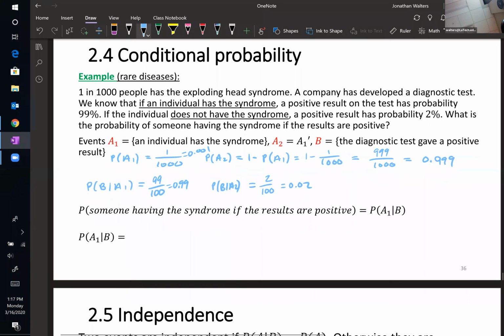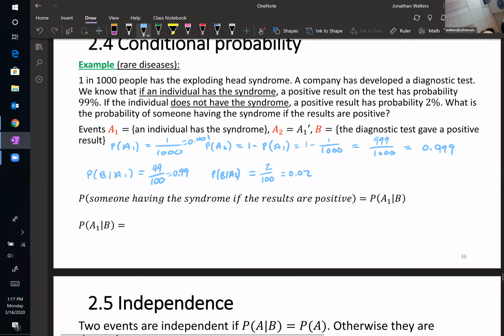Well, that is going to be the probability of A1 intersect B over probability of B. So basically, Bayes' theorem says, okay, flip it and say probability of B given A1 times probability of A1. So we use the multiplication principle in the numerator.